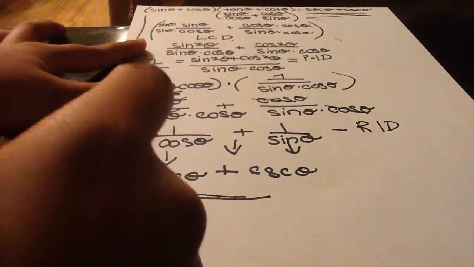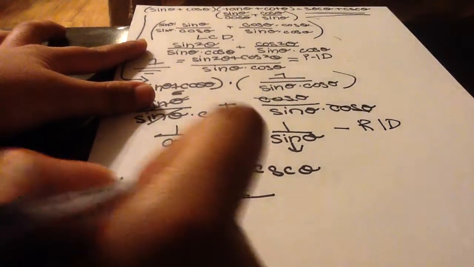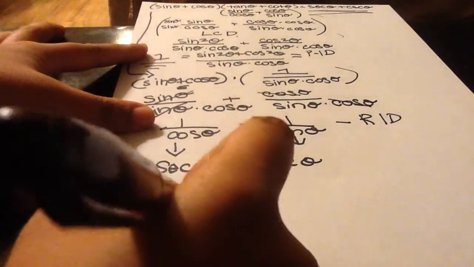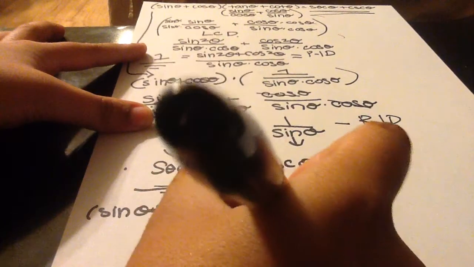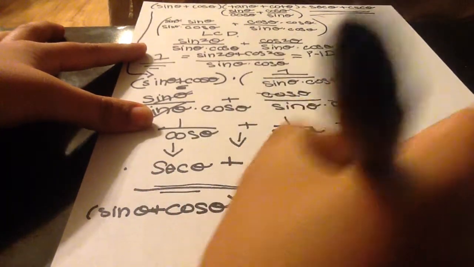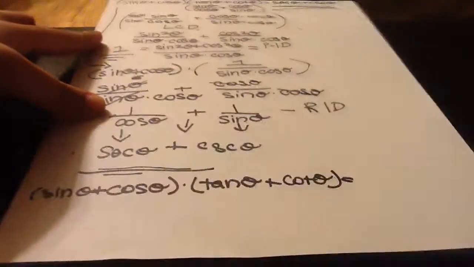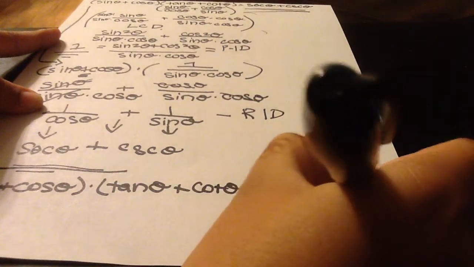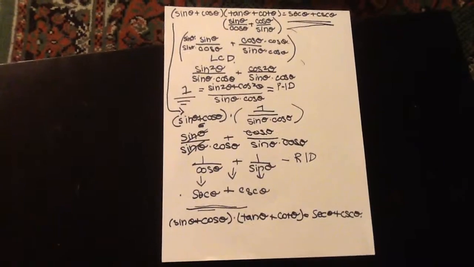We have proved that (sin θ + cos θ)(tan θ + cot θ) is equal to sec θ + csc θ. And final product. Bye.